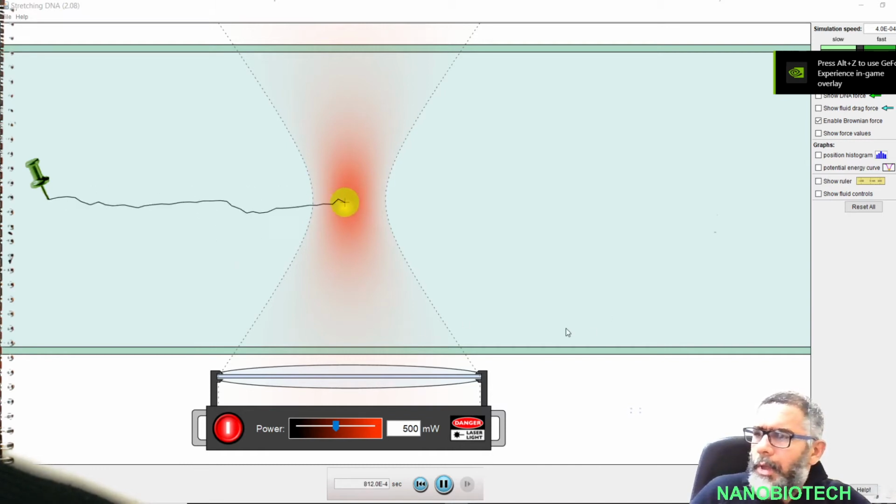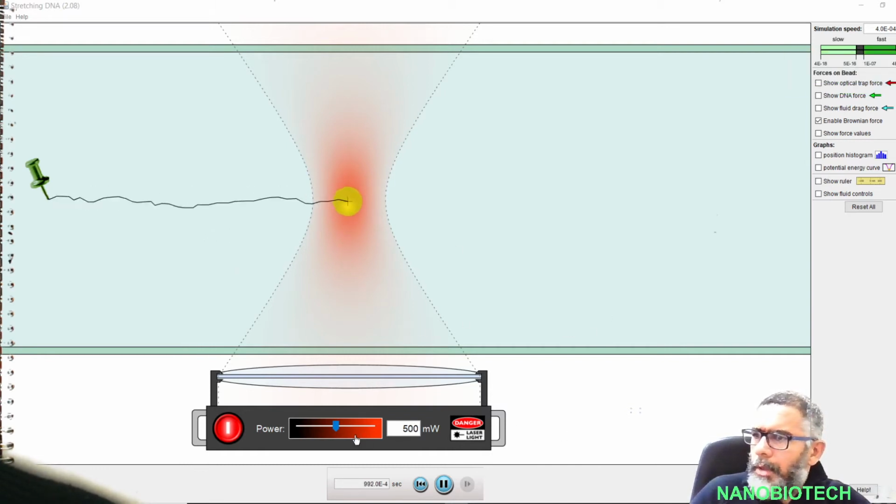As soon as you run it, you will see there is an optical tweezer over here. This is the microscope end, the objective end of the optical tweezer, and this is the spot point of the optical tweezer that you catch the objects. But also there is this stringy thing.